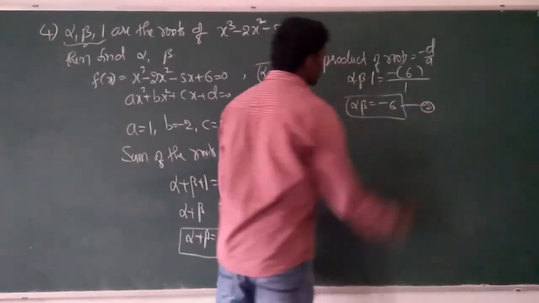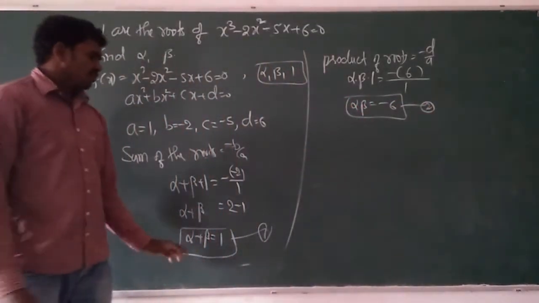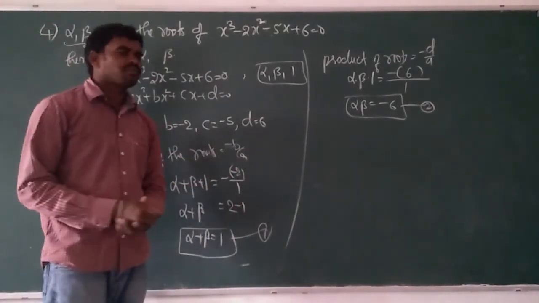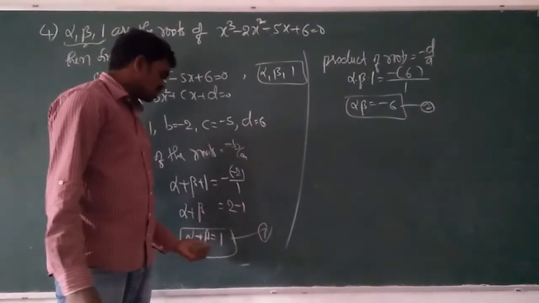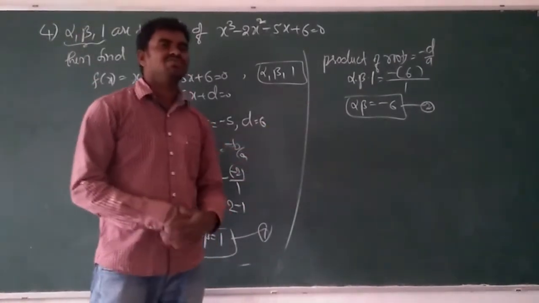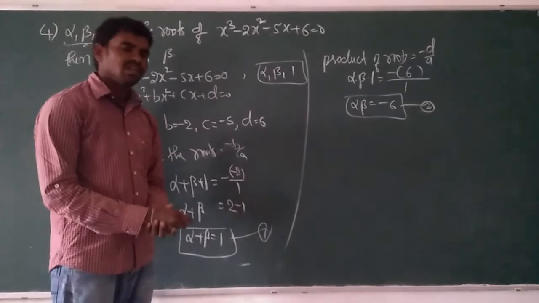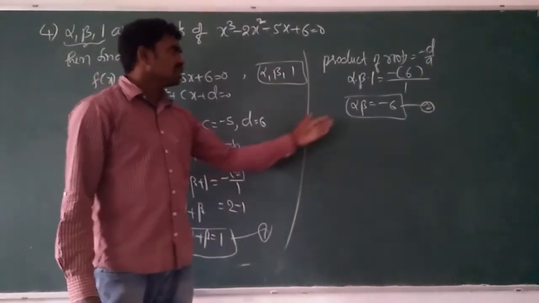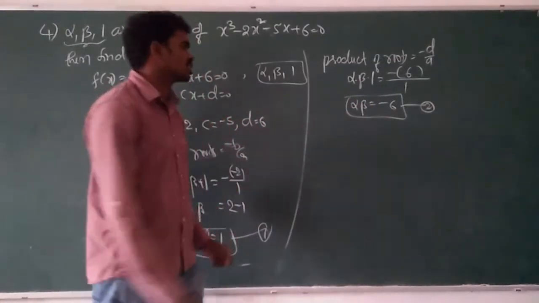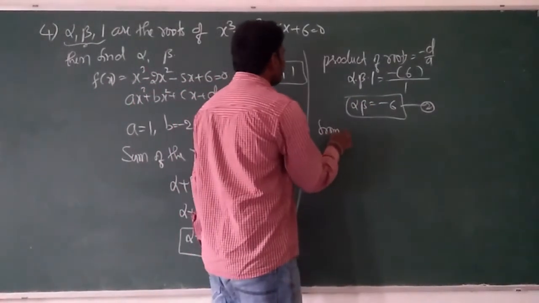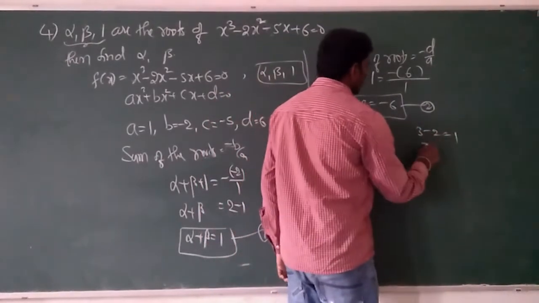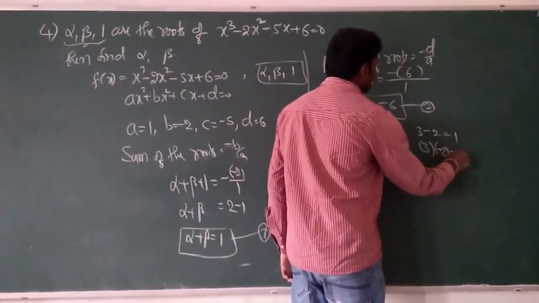Okay? From 1 and 2 we can write our answers directly. How? The sum is 1, the product is minus 6. Which two numbers satisfy this? Very good, 3 and minus 2. 3 minus 2 becomes 1, and 3 into minus 2 becomes minus 6.